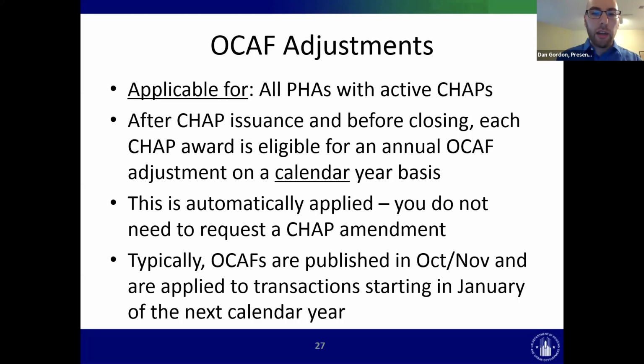You'll find that an adjustment has been made to your contract rents automatically. It's not something that you would need to request. But if you think that you should have gotten one and you haven't received it yet, definitely just shoot us a note through the resource desk and we'll double check this for you.